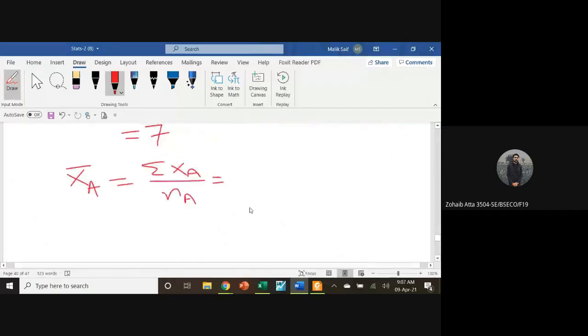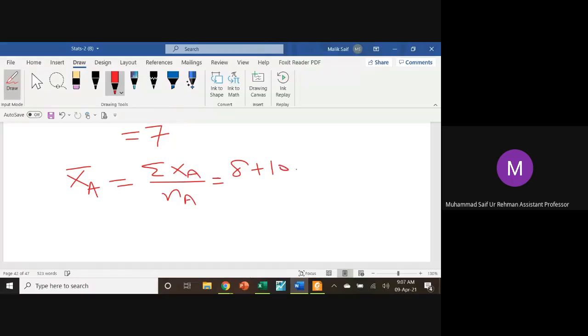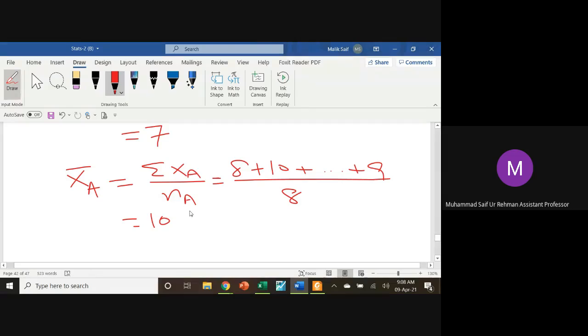The answer is 10. So you have these two averages, or means, for the given samples.